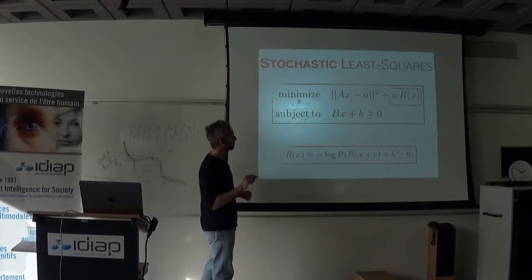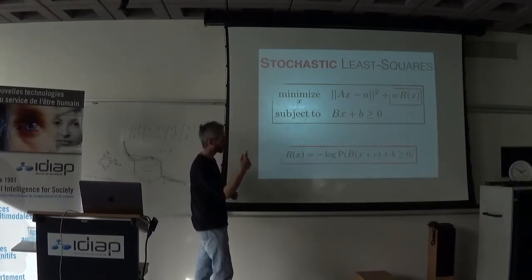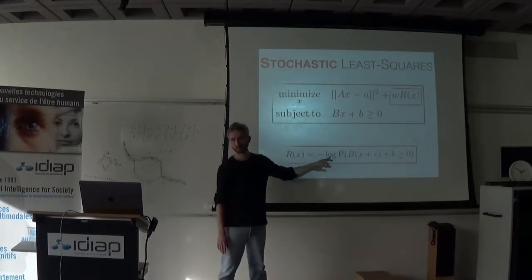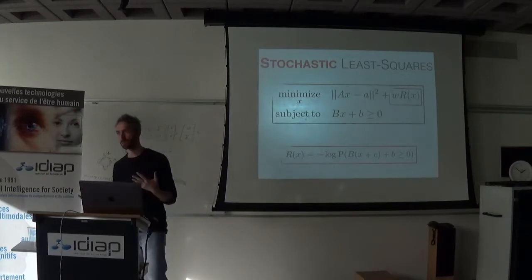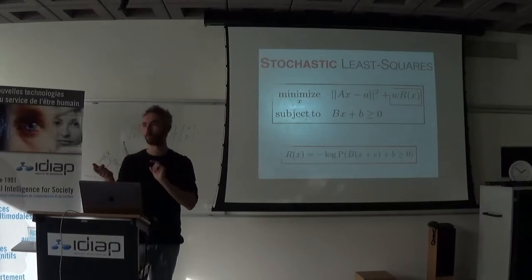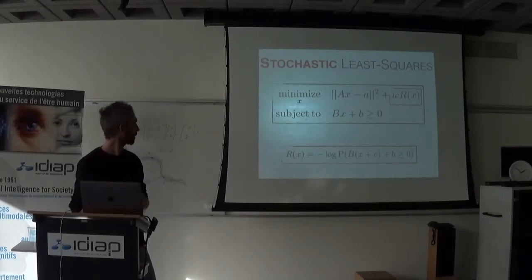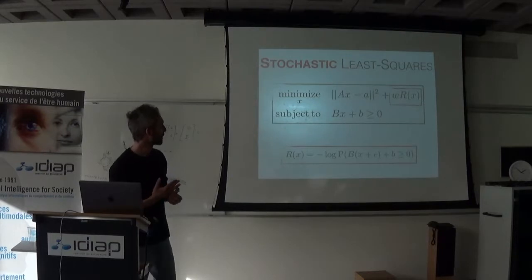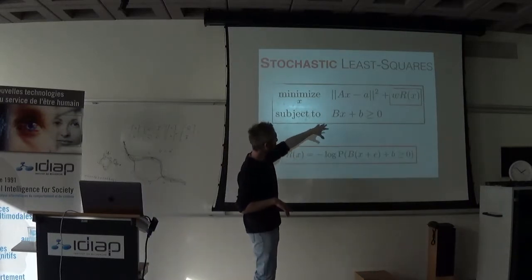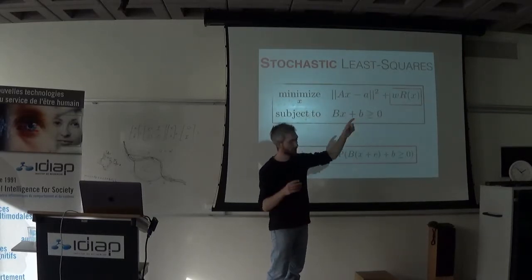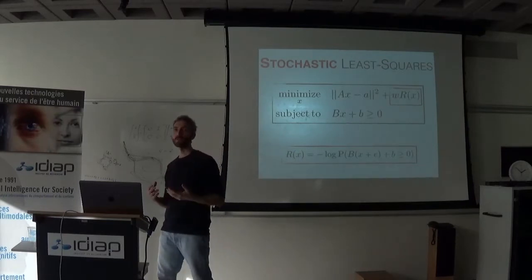Then for, let's say, technical reasons, which we will see later, we don't use directly the probability, but we take its log, which is very common if you're used to working with probability. That's because the log probability is convex while the probability is not. So it's better to work with convex functions than non-convex functions in optimization. So basically, we have a problem that is very similar to the original one, but with an additional term in the cost function, which you can think of as a robustness measurement.